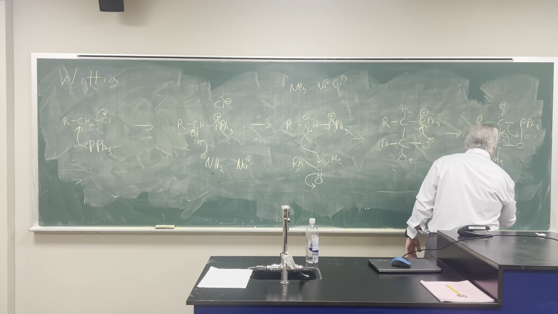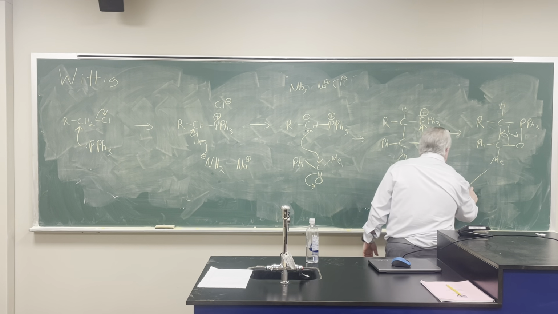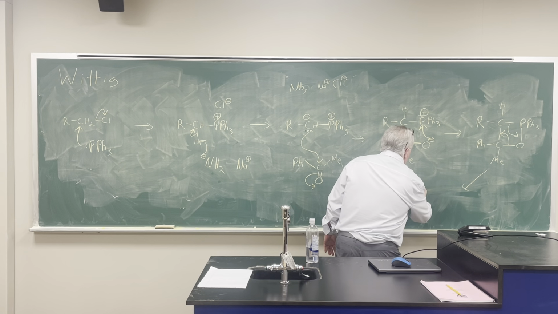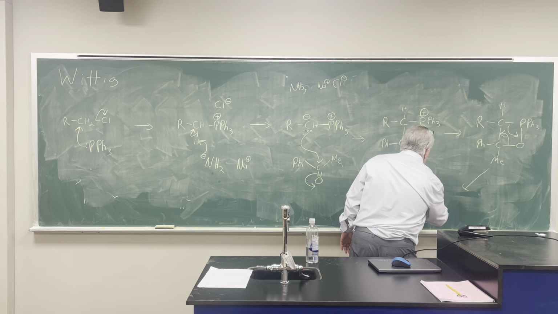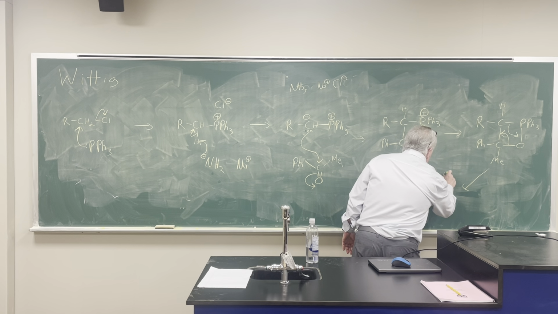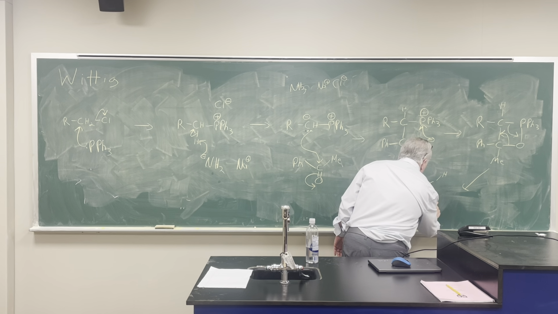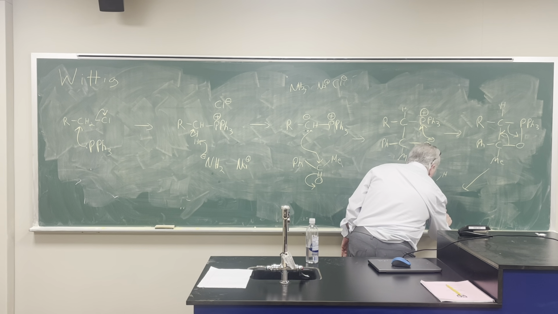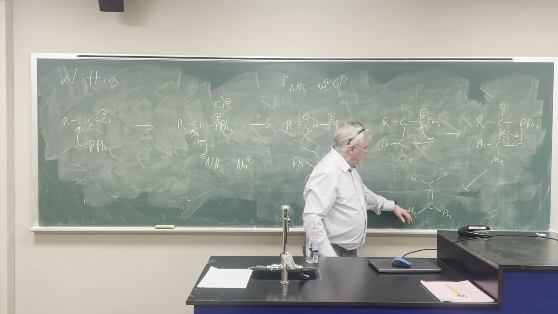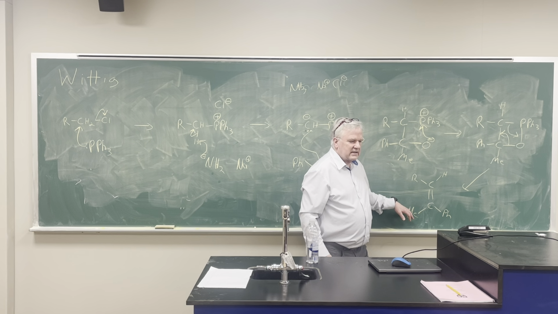So we end up with, I'm going to put it down here, our R C H double bond C. Sorry for those of you. Okay, so this part, oh, that's exactly behind here.